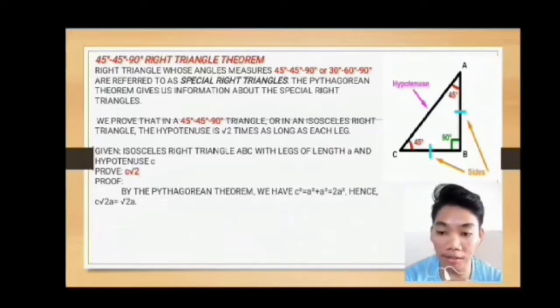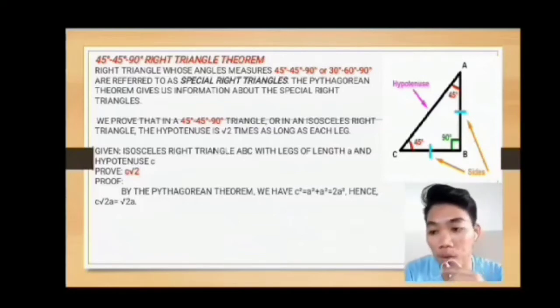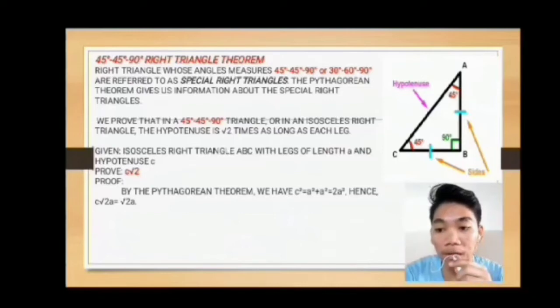So, we prove that in a 45-45-90 right triangle, or in an isosceles right triangle, the hypotenuse is square root of 2 times as long as each leg. So, ipoprove daw natin na yung hypotenuse is square root of 2 times the legs.